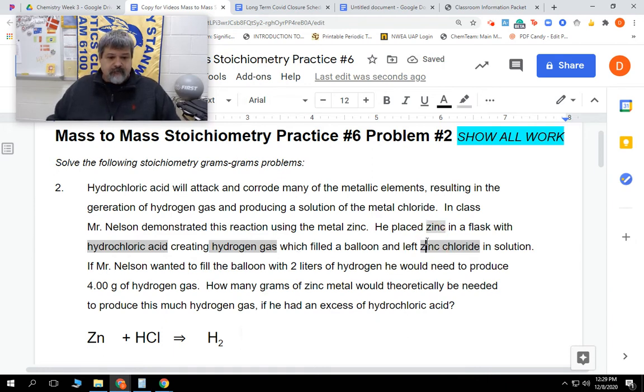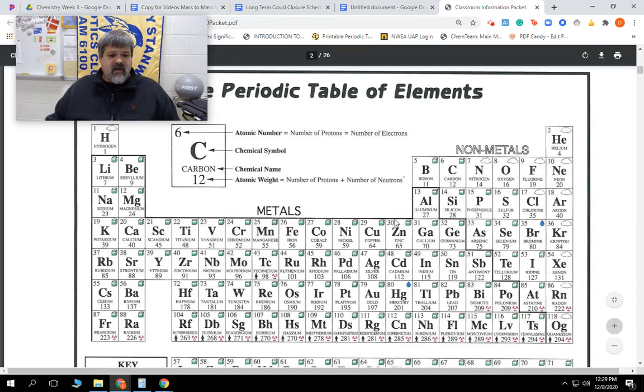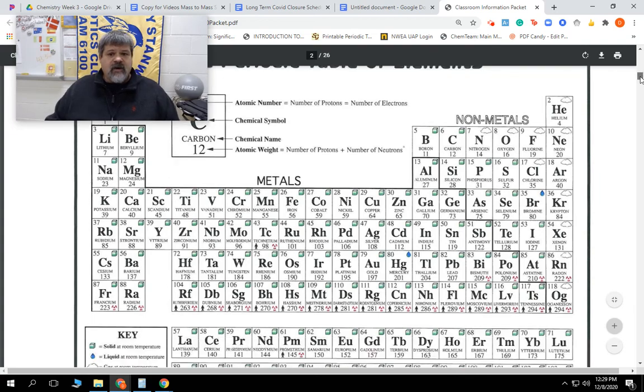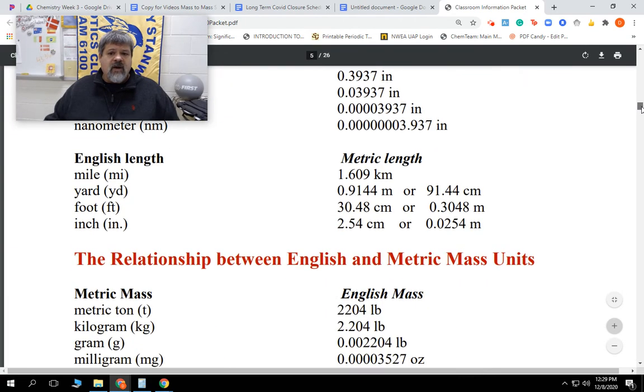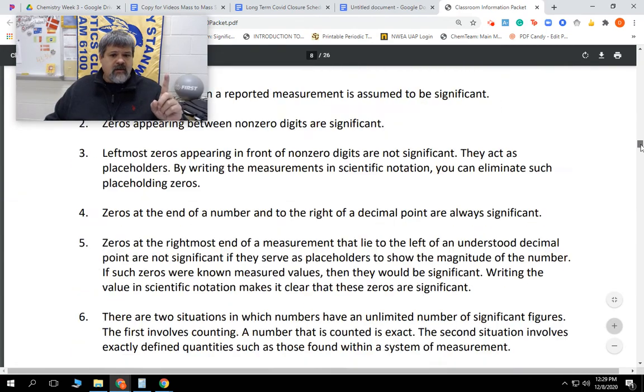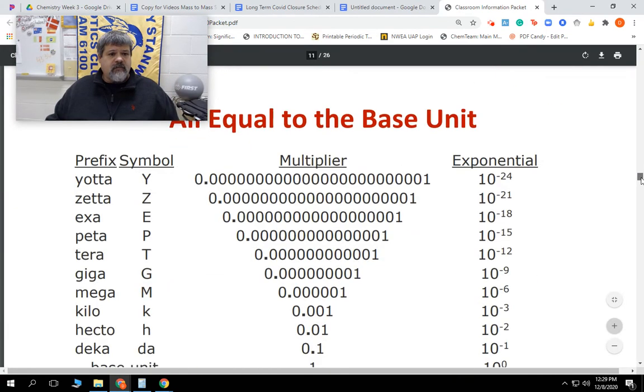And zinc chloride. Now again, zinc is what charge? That's what we have to know. Chloride is a -1. So if I tab all the way over here, I can tell you right now that chlorine is a -1. But what is zinc? Well, let's go to the packet. Zinc is right here. It's not an A group, but is it part of that monoatomic ion, or is it something we have to figure out? Well, there's no Roman numeral, so it must be a type 1. So let's go down to page 13.